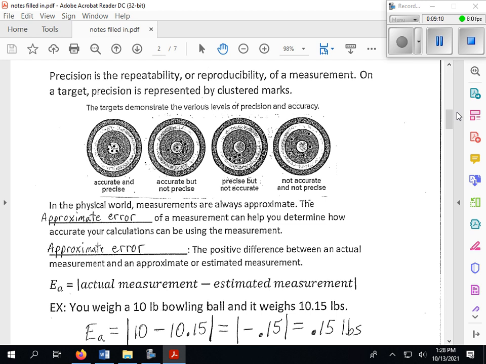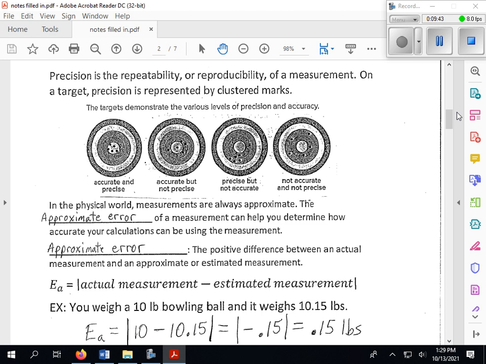Difference between accurate and precise. This first one is both accurate and precise. The second one is accurate but not precise. How come? Are they all spread out? They're all within this circle here, right? But they're not all real close together.